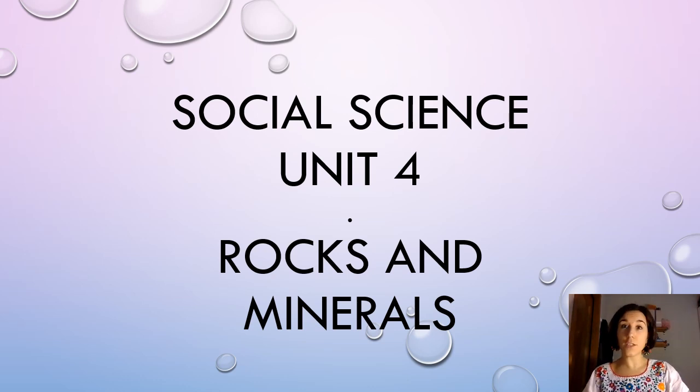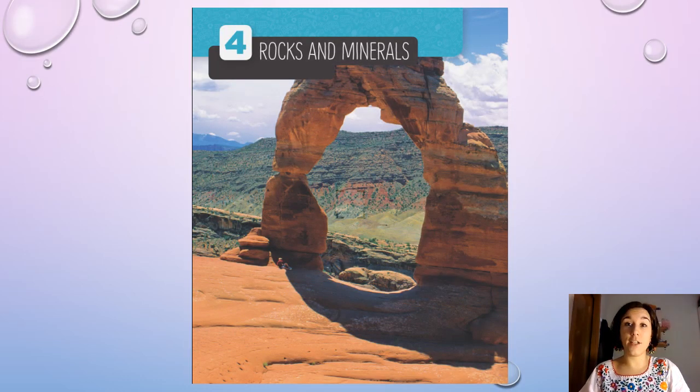Okay, so first of all, this is the first page of the unit in your books. Here we can see a landscape, paisaje, a landscape of a mountain, and that is very dry, seco.